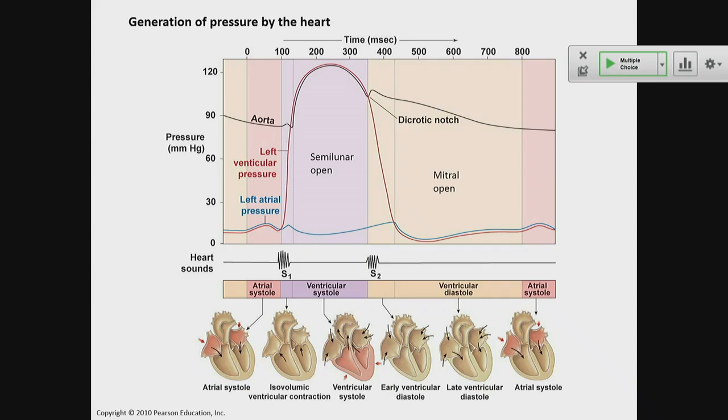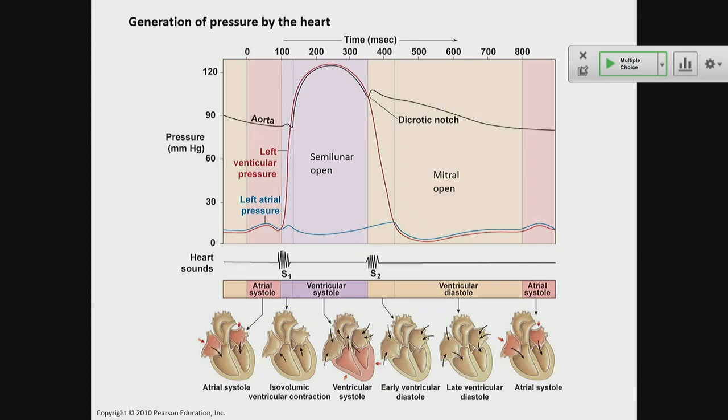So what happens during this phase when the pressure of the ventricle goes down, independent of the two compartments it's connected to? During the ejection, the semilunar valve is open, okay? Of course, because the blood needs to go into the aorta.